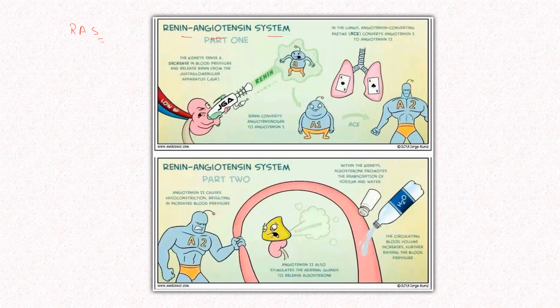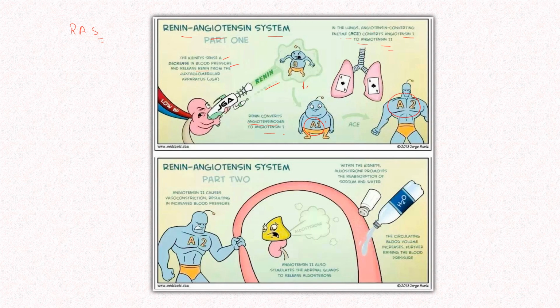The kidney senses a decrease in blood pressure and releases renin from the juxtaglomerular apparatus, which is JGA, and renin converts angiotensinogen to angiotensin 1. In the lungs, angiotensin converting enzyme, ACE, converts angiotensin 1 to angiotensin 2.